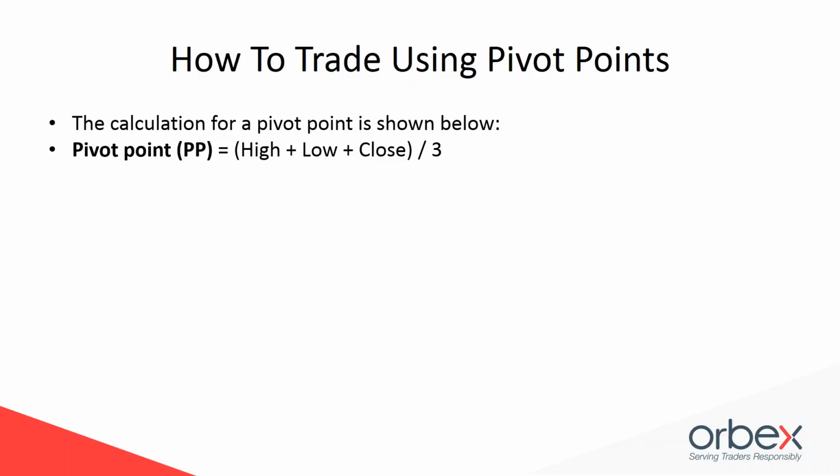This is the simple way to calculate it. For the euro today, let's say the low is around 107.30, the high is almost 107.78, and the close is 107.50, all divided by 3.